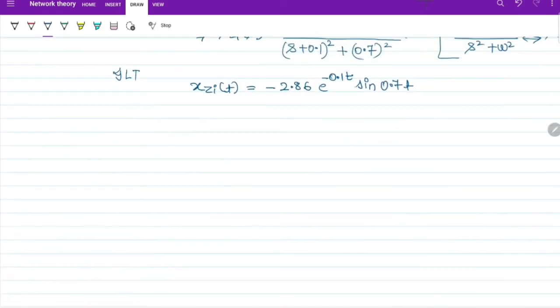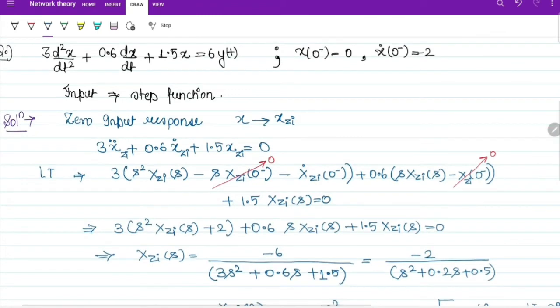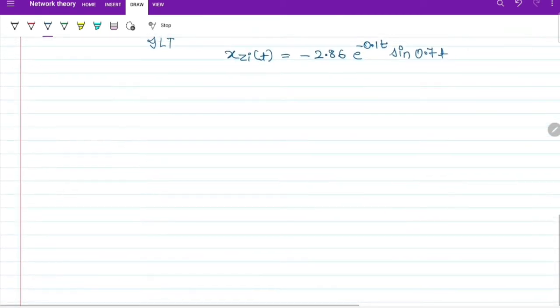Now we will find the zero state response. This is 1, this is 2, zero state response.